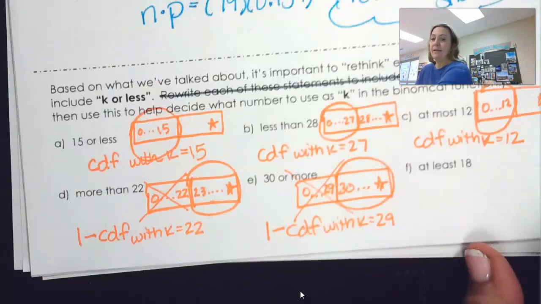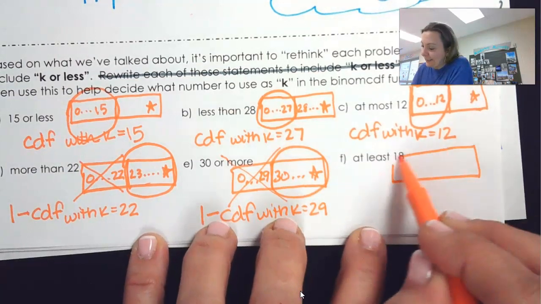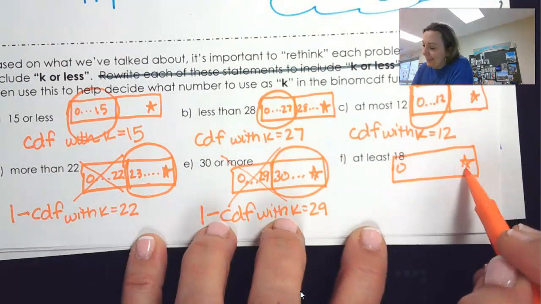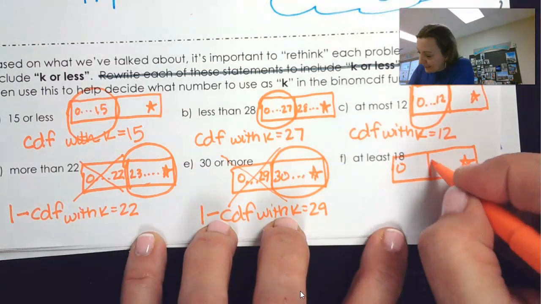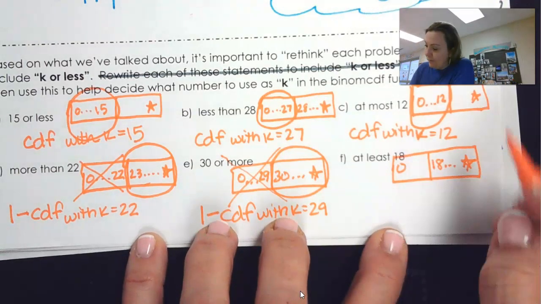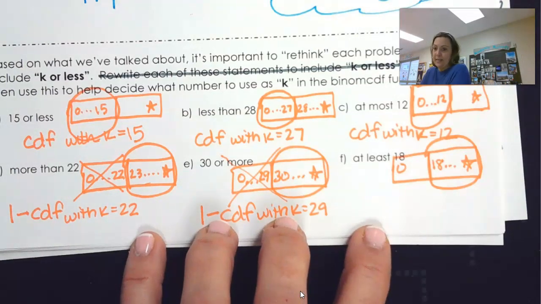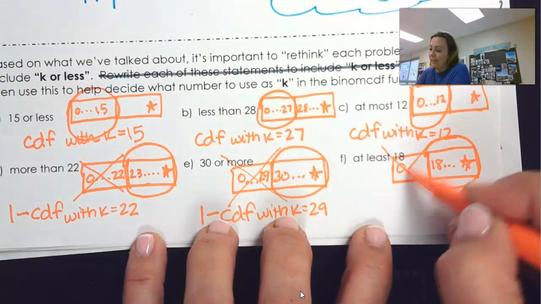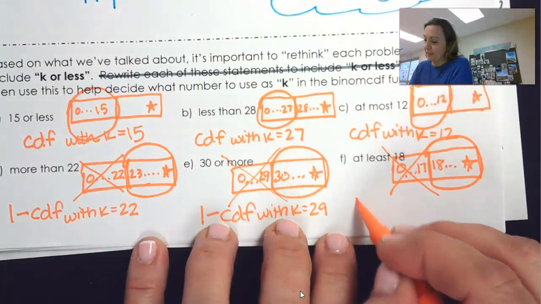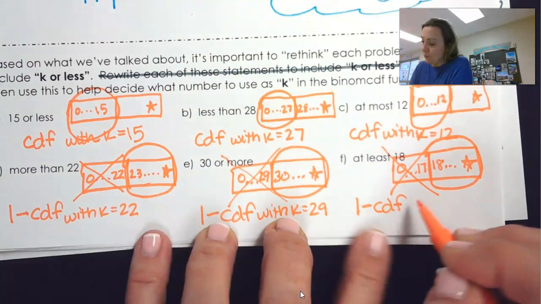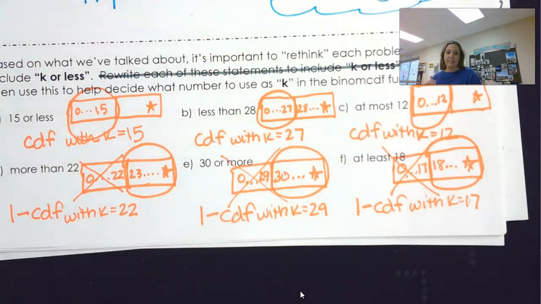Okay. Finally, I have at least 18. Okay. At least 18 means I do want to include 18 and up. So this is what I want. I want at least 18, which means I have to subtract this part off. So that's going to be subtracting off 0 to 17. So I want 1 minus the CDF, but my K is going to be 17.